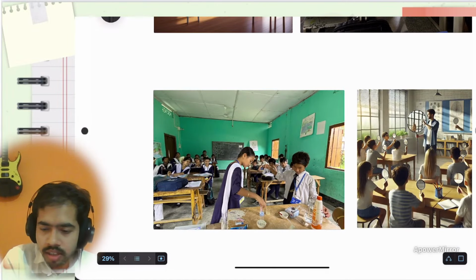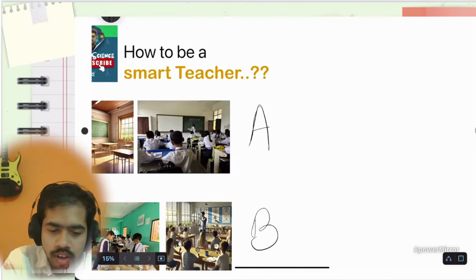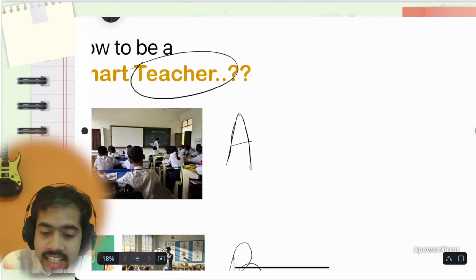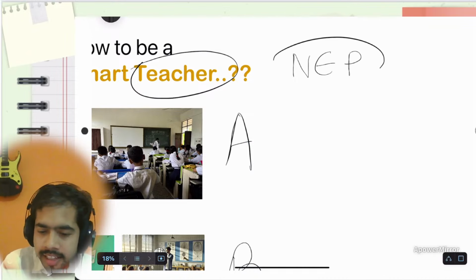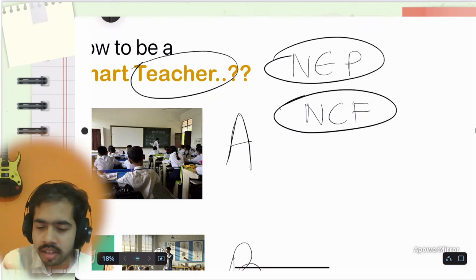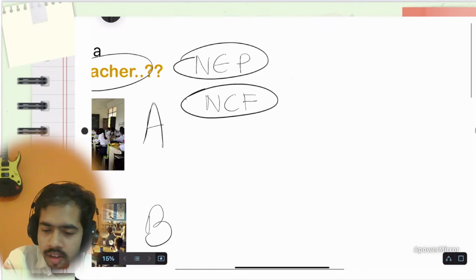Now the question is how to become a smart teacher. Now when we say teacher, we often say teacher, but the NEP and NCF, all the education policies are saying we are no more teacher now.